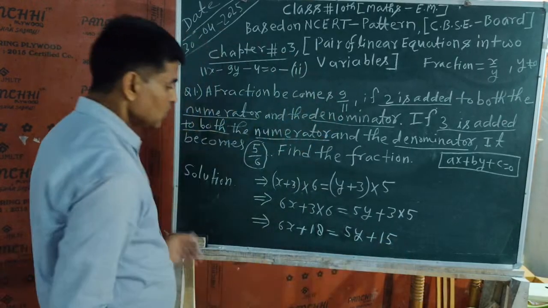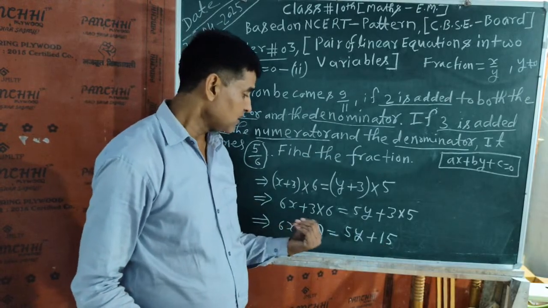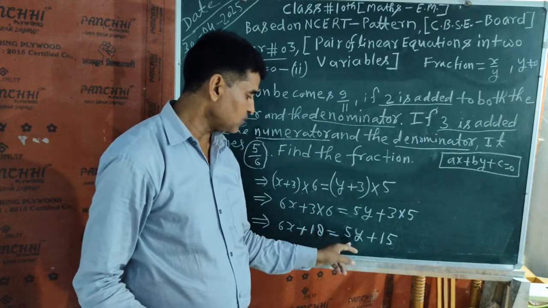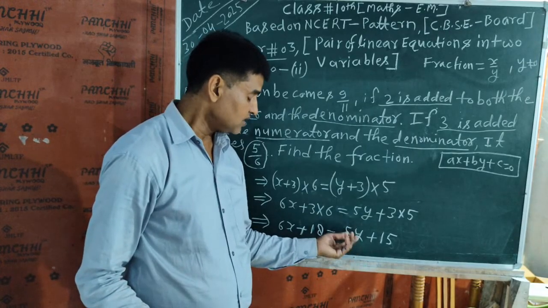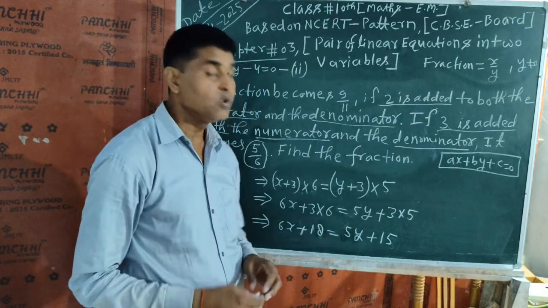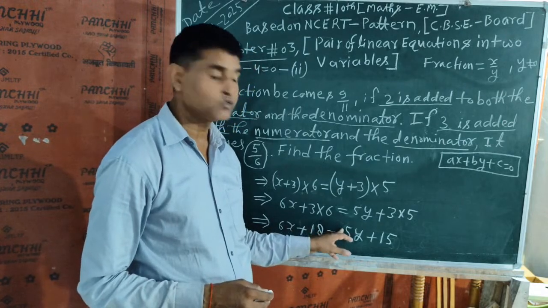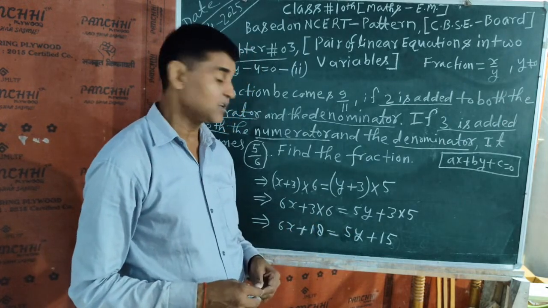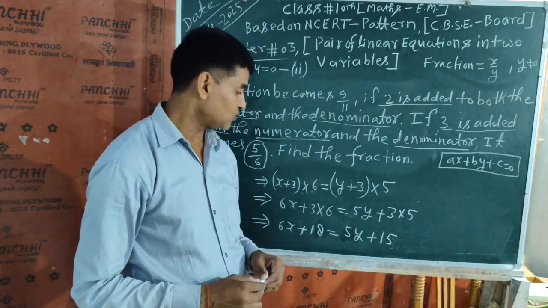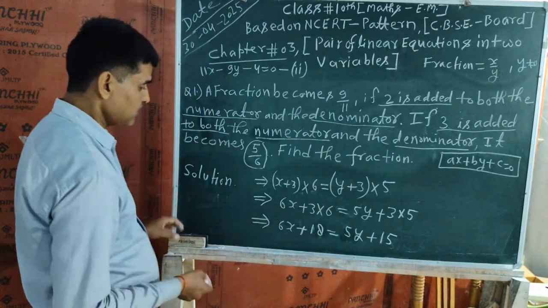Okay students, all terms of the right hand side I will take to the left hand side, but here you have to concentrate on the sign because each and every term has a sign. So when I take a term to the left hand side, the previous sign will change. If the previous sign is positive, on the left hand side it will be negative. If the previous sign is negative, it will become positive on the left hand side. Okay students, so I will use this concept.